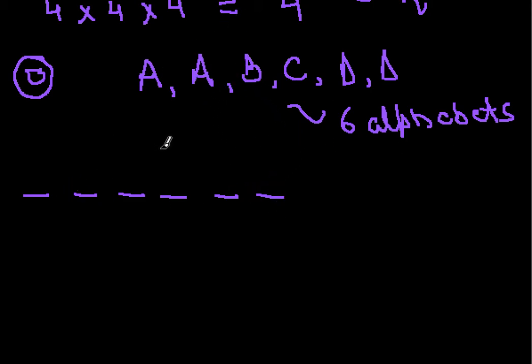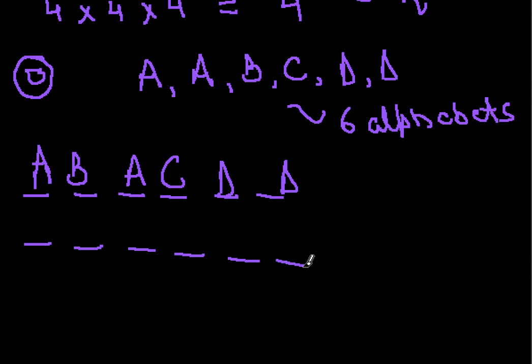Now we have to keep in mind that if we fill A, B, A, C, D, D, this is one permutation. Suppose we swap this particular D here with this particular D here, and keep everything else the same.